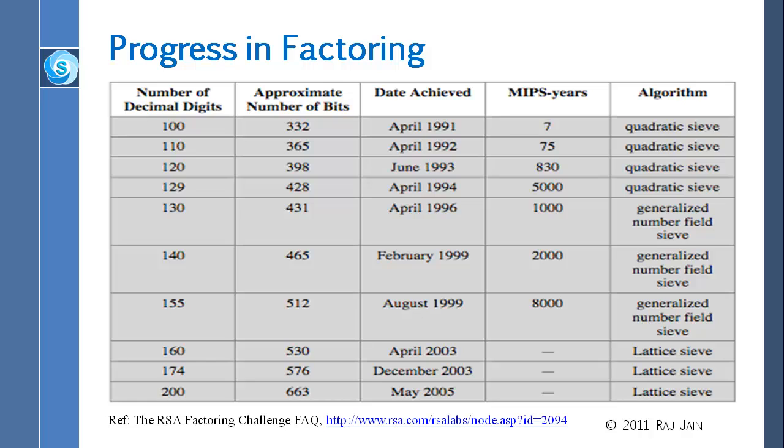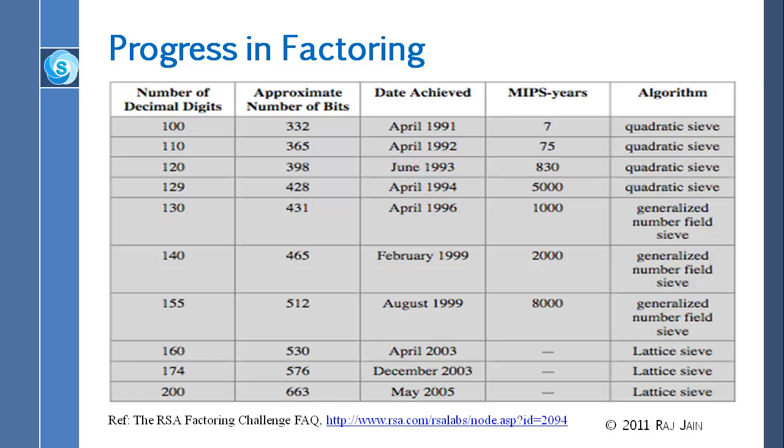Here are the challenge winners. In 1991, a 332-bit number, which is a 100 decimal digit number, was broken using 7 MIPS. If you take a 1 MIPS computer, that would take 7 years. If you take a 7 MIPS computer, it will take 1 year by that method.